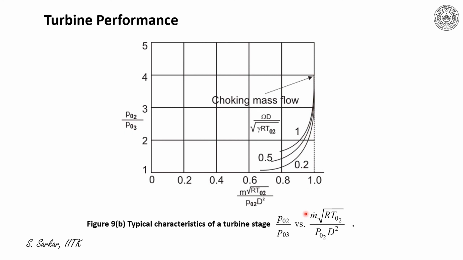That means by increasing the pressure ratio after a certain mass flow rate, it does not increase mass flow rate. That means it has been choked. Thus, I have illustrated here the choking mass flow rate, which occurs at a pressure ratio corresponding to 3.5.